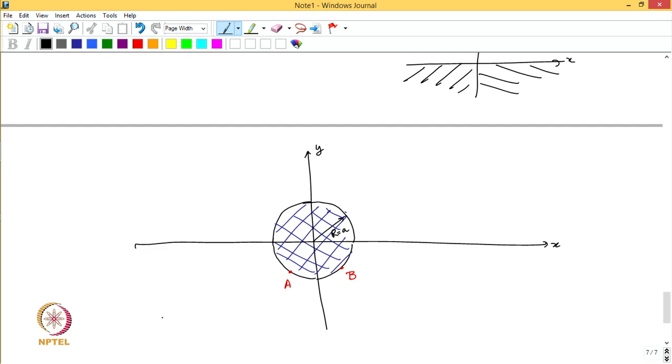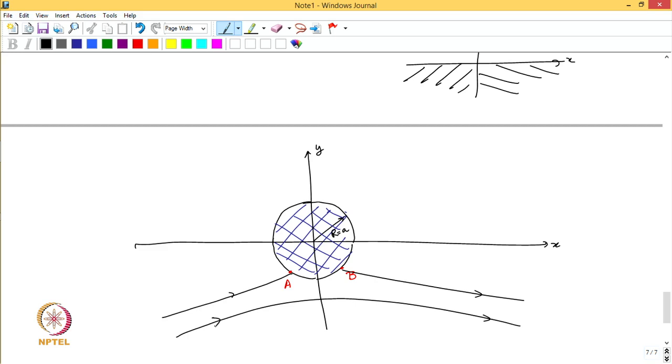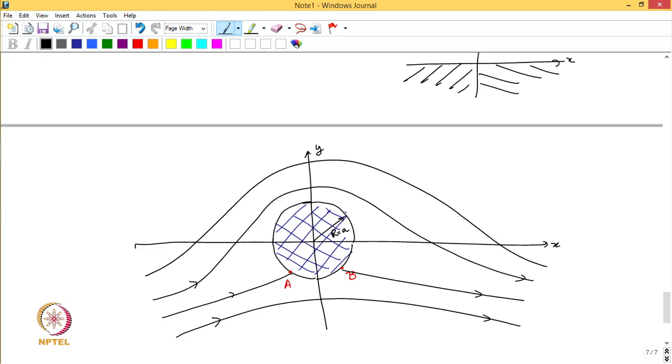So, our streamlines would look in a certain way. There would be some symmetry about x equal to 0. So, the flow that you would see would be of this type. Okay.